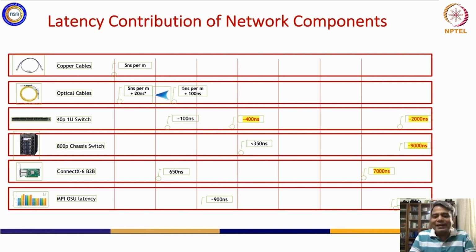Again, physics does not differentiate between a high performance network or Ethernet or whatever. So the latency of the media is the same for both the protocols, but the other latencies start differing. Why? Because if you take a switch, Ethernet has a protocol which is designed for the World Wide Web. So it contains a lot of complexities in its headers.